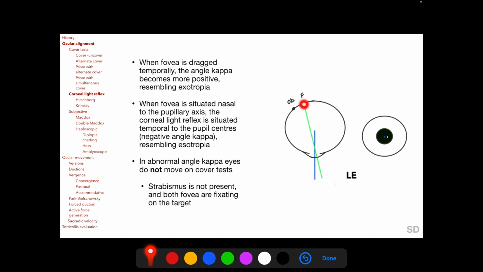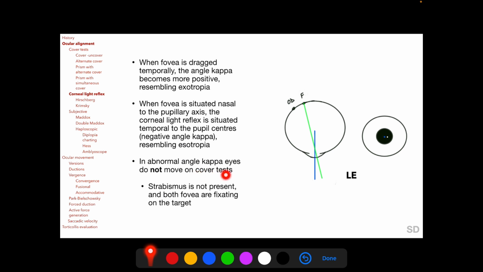And when the fovea is situated nasal to the pupillary axis, the corneal light reflex is situated temporal to the pupillary center, and in this situation the angle kappa is said to be negative, and as seen here in this diagram, it appears that the patient has esotropia.